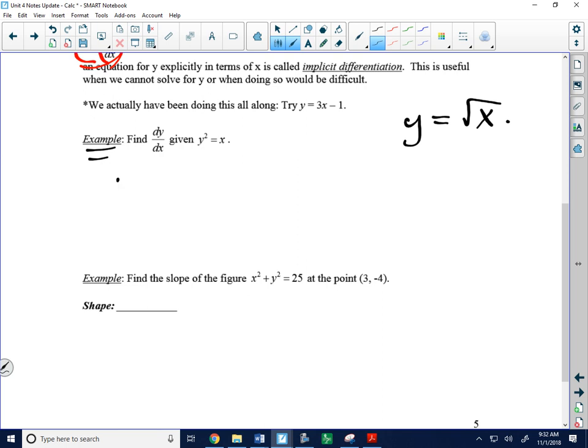So here's what you do. I'm just going to rewrite y squared equals x so I have a little more room here. I'm doing the derivative of both sides of the equation. On this side, the derivative is y prime. The derivative of this, I do the power rule.